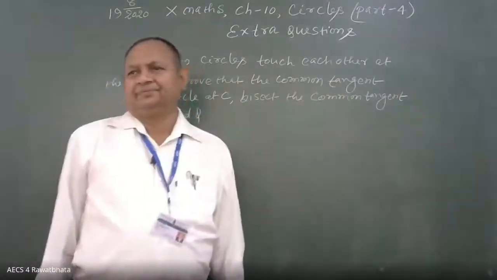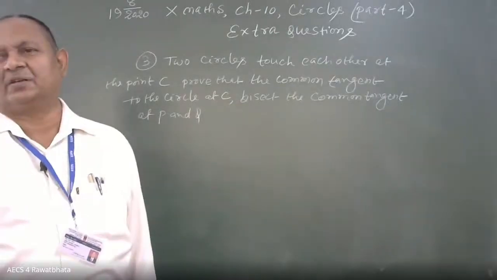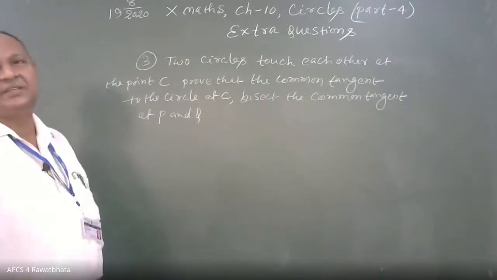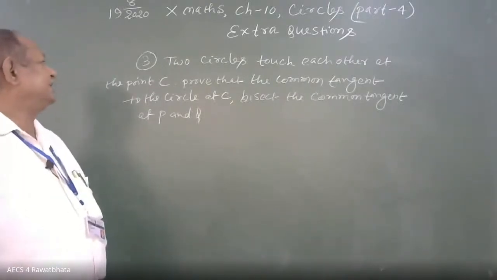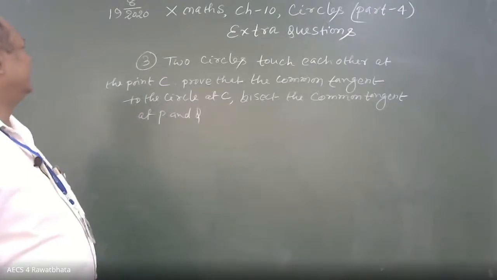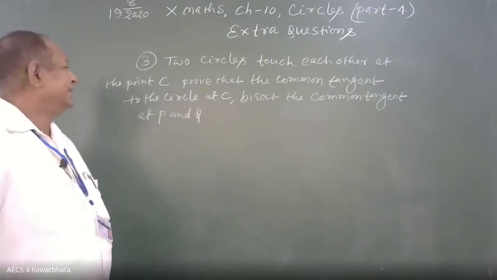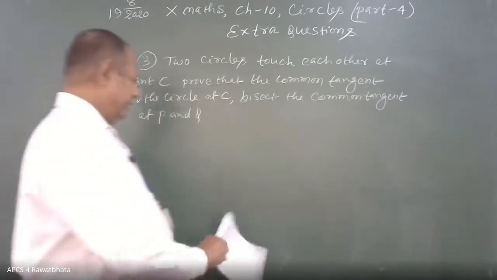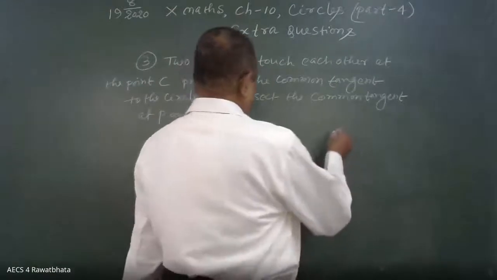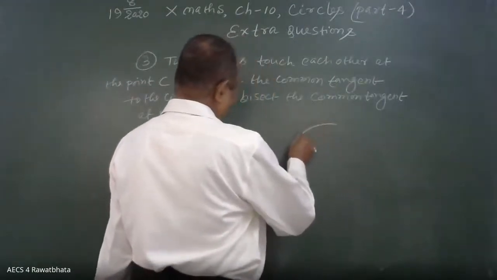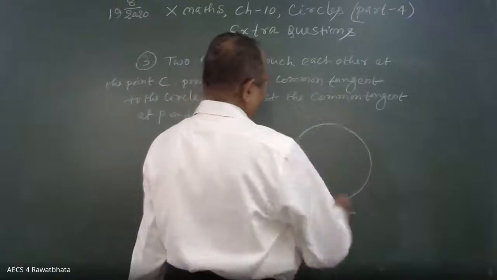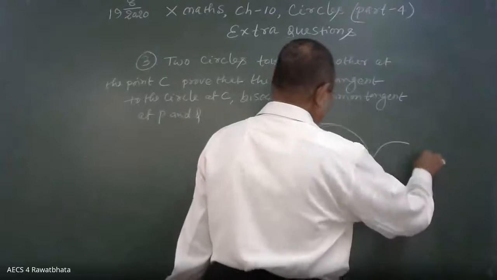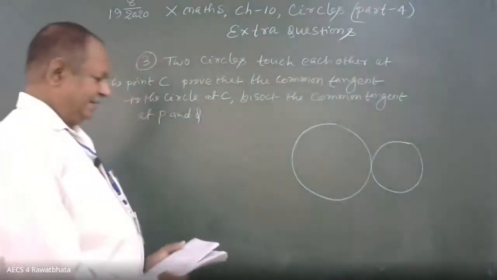So note down this question, question number 3. Two circles touch each other at point C. Prove that the common tangent to the circle at C bisects the common tangent at P and Q. Figure is given. So there are two circles touching each other externally.